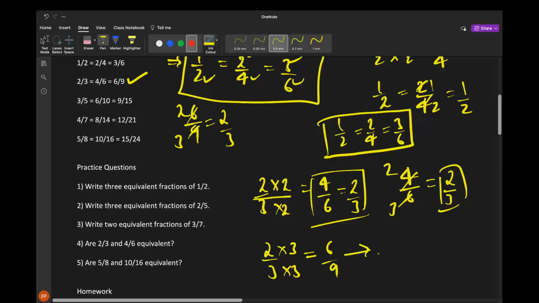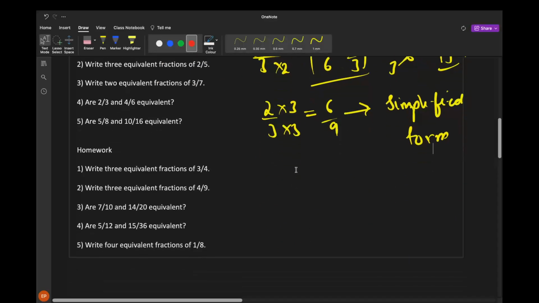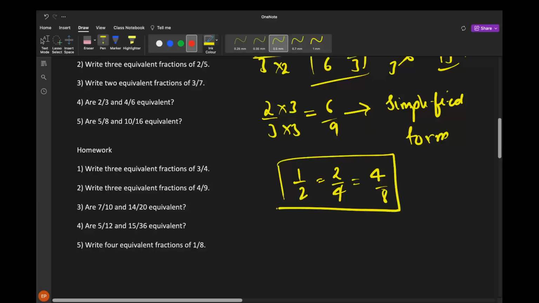If you bring them to simplified form, then each and every fraction will get the same value. I wrote 1 by 2, which is equal to 2 by 4, which is equal to 4 by 8. Assume these three are equal, right?